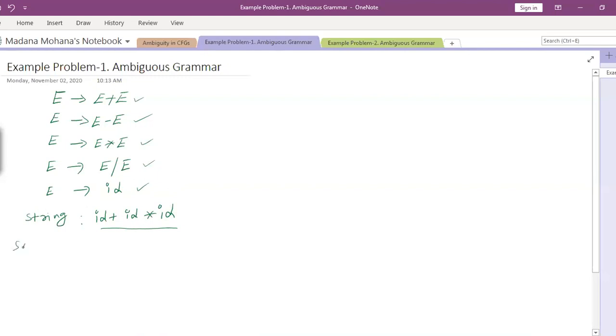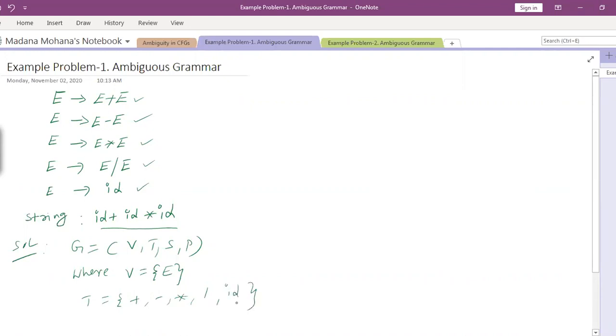Now, in the given grammar, G equal to (V, T, S, P), what are the variables here? The grammar consists of only a single variable, that is E. Terminals T are all lowercase letters, digits, operators, etc. Here you have plus, minus, into, divide, then id.